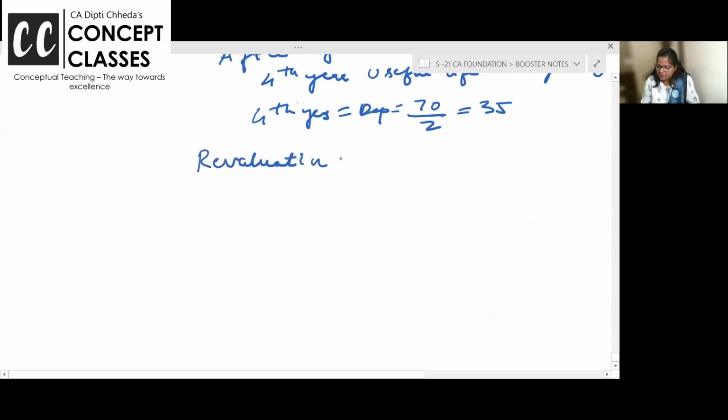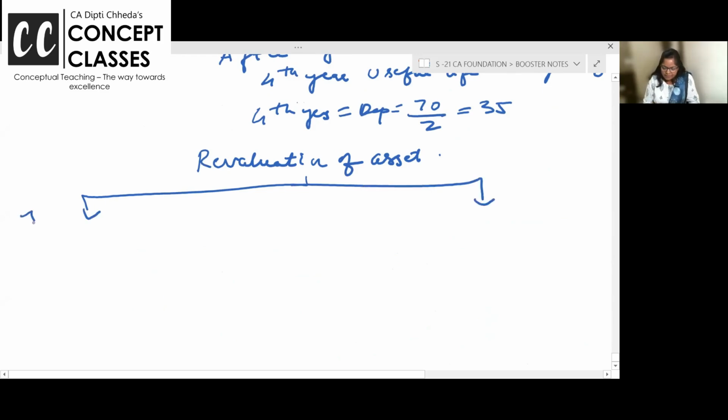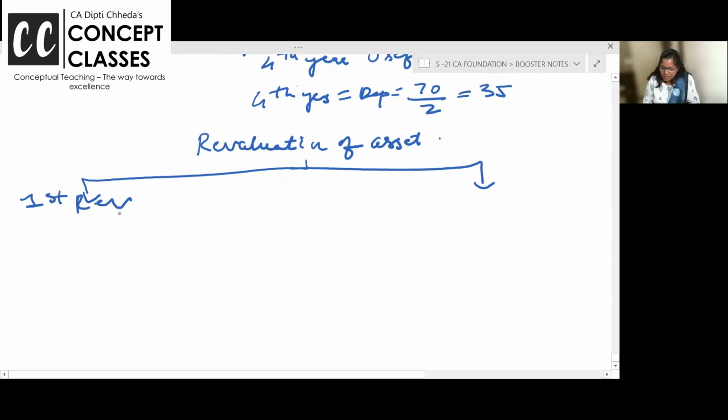Revaluation of asset. I hope one thing you are getting, that revaluation can be upward or downward, anything. First revaluation, the first time you are doing it, first revaluation upward.